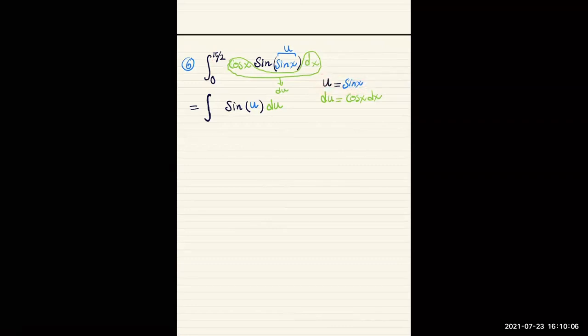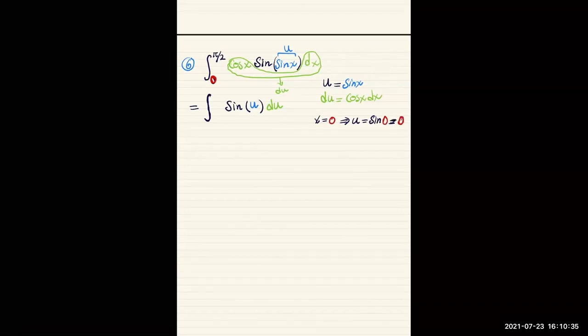So we say if x is, let's transform the bottom limit of integration, which is 0. If x is equal to 0, then u is equal to sine of 0. Plug your x's in here. Sine of 0 is also 0.